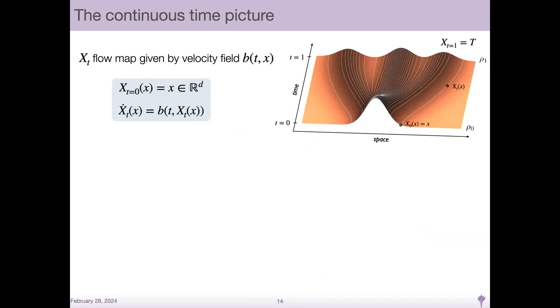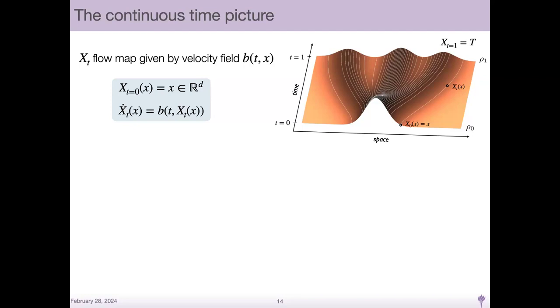Okay, and this flow map is such that if I take a sample x from rho 0, which in this case would be a simple unimodal Gaussian, and I put it through this flow map, which emerges as the solution of this ODE, then the evolution of x under rho 0 will follow one of these flow lines.